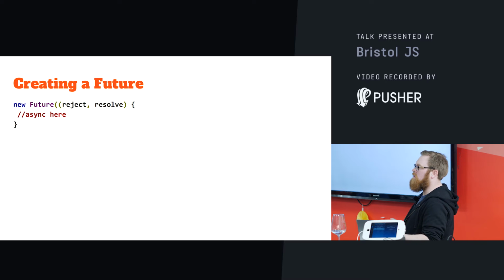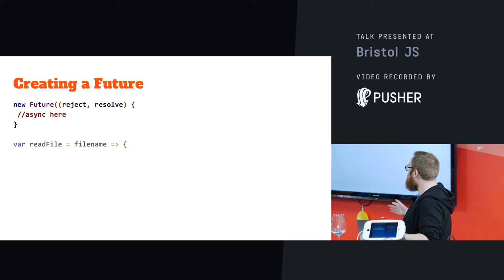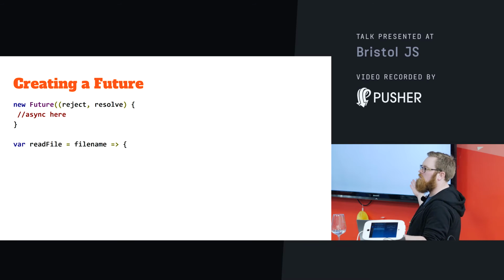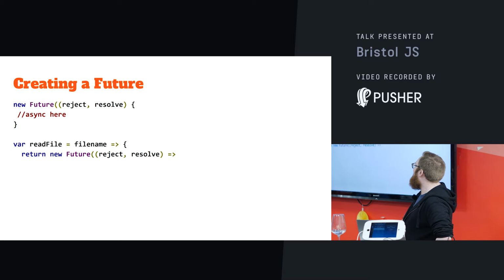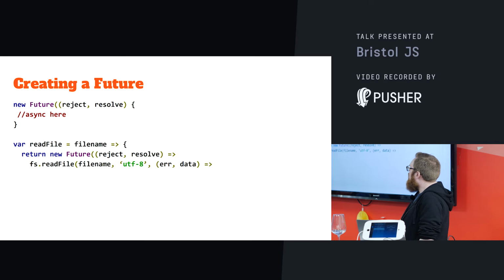Here's a concrete example of a little bit of NodeJS that I have converted to use a future. So we've got readFile. As you'd expect, it takes a file name as the argument. We then instantiate our future with reject and resolve. We call fs, file system, .readFile.